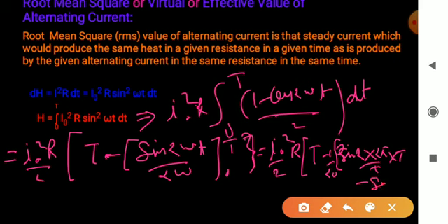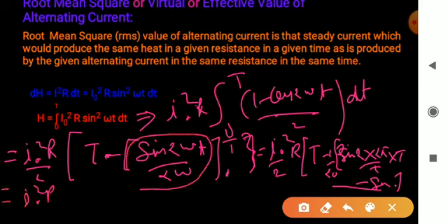Sin 2 pi is 0, so this term will be 0. So we have I naught squared R upon 2 into T.